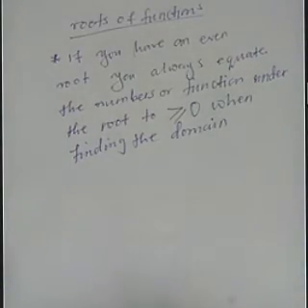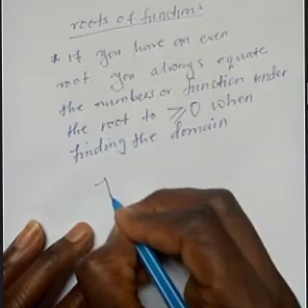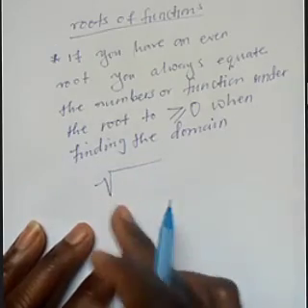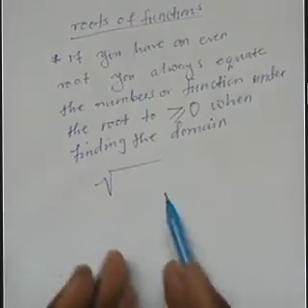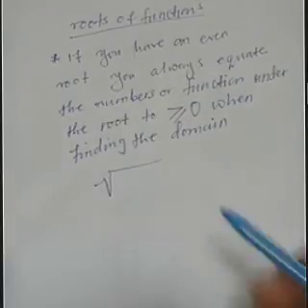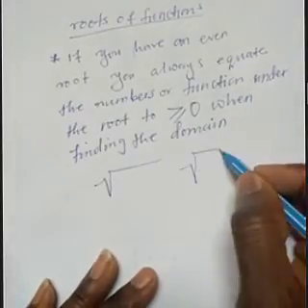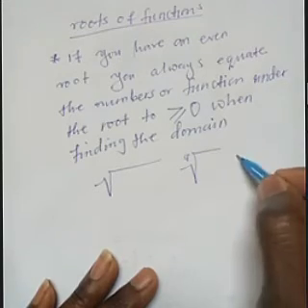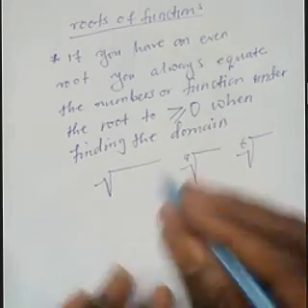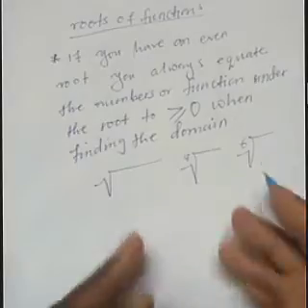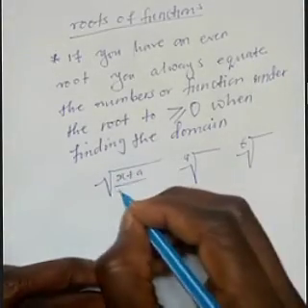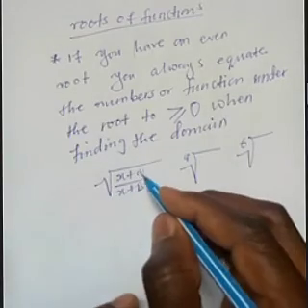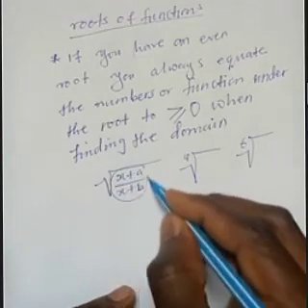What does it mean? Suppose we have this expression. This is an even root. The meaning of even is that the root is in the form of an even root. You can have a 4 here, you can have a 6 there, all those numbers. Suppose we have x plus a over x plus b, and you want to find the inequality for this one.